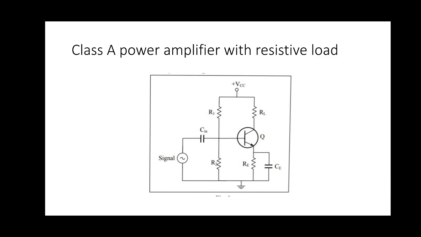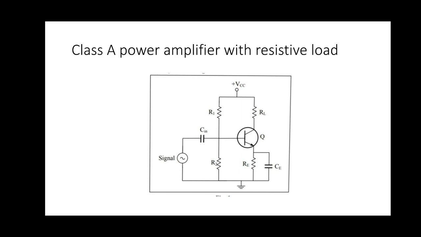Here the input current is more in this class A power amplifier. The question is whether the circuit would work as a good power amplifier if we replace the transistor with another of higher power dissipation.